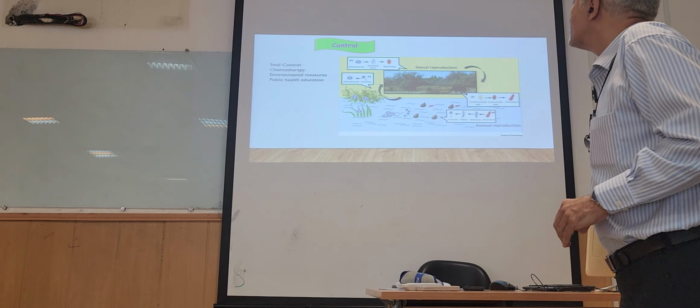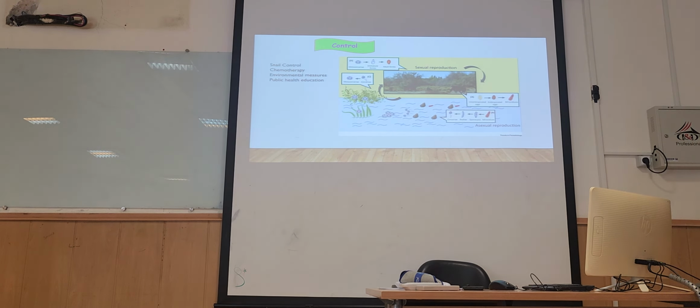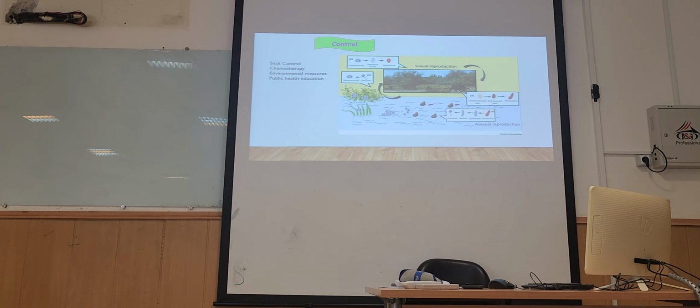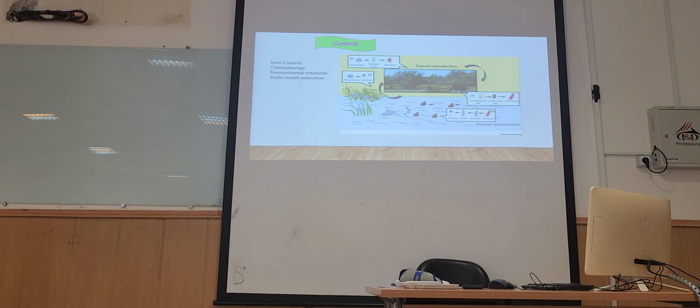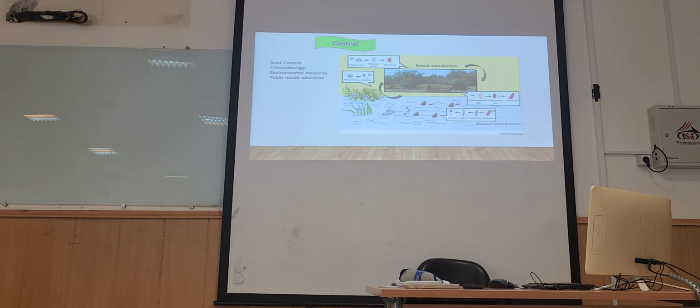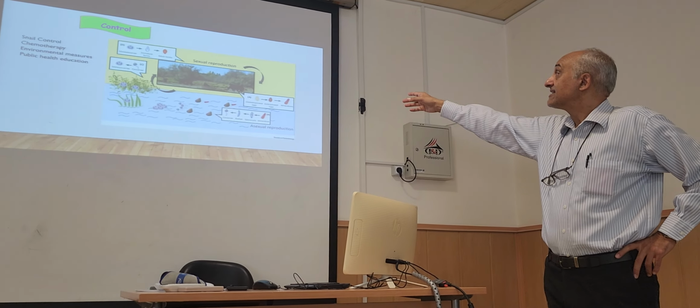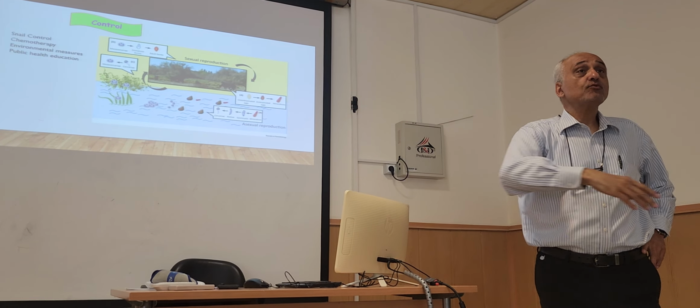Okay. For control, what is the control measure for fascioliasis? As you said, the wet place is the main thing, and if we break the chain of transfer, we have to dry it. So when you go to places like this, you see the cattle, the grasslands, and water.